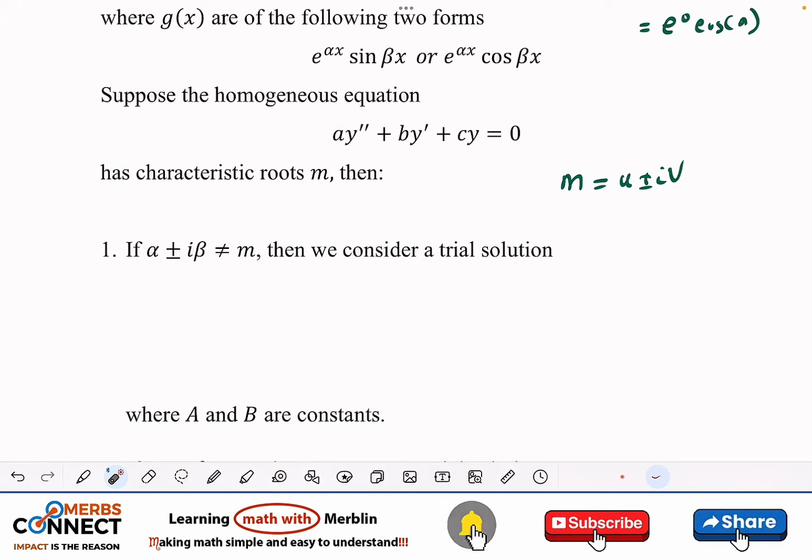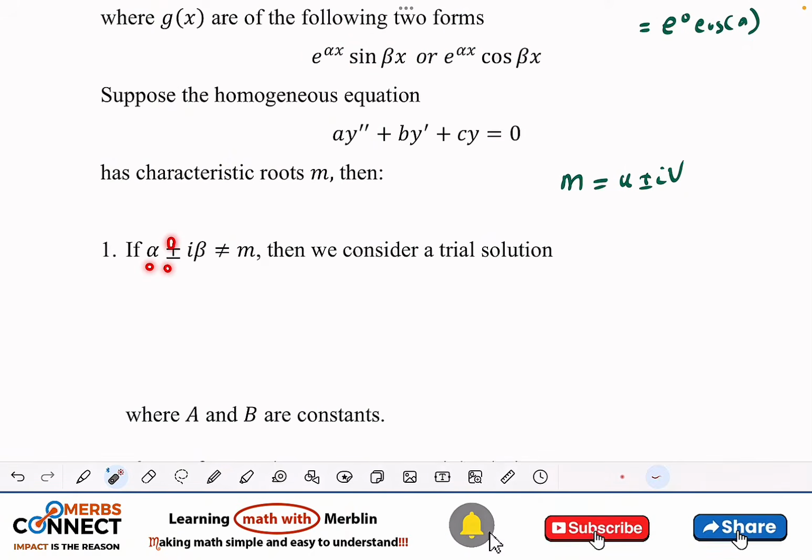So here too we need to compare m to this, right? Because when we solve this, we are going to have complex numbers like this, and then we can also write what is here in terms of complex.